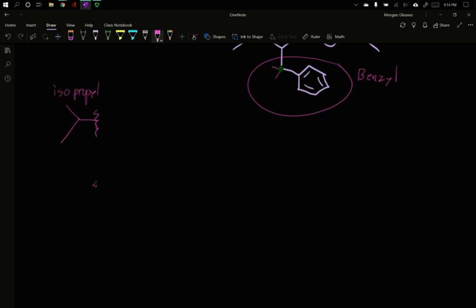If you are attached to the ring, you are a phenyl. If you have a CH2 and then the ring, you are a benzyl. So in terms of odd, uniquely named carbon subgroups, these are the most likely ones that we will see. And so these are ones that is worth remembering.